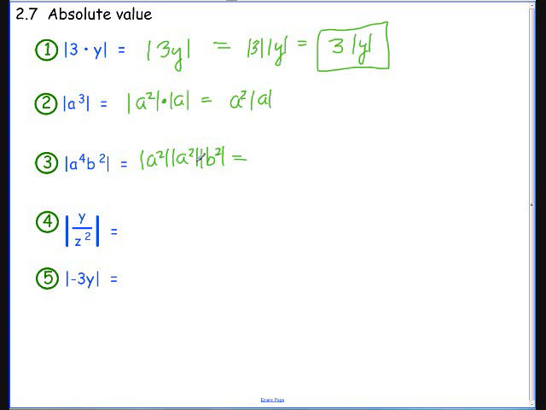So I can remove the absolute value brackets without any fear of corrupting this. So this could be written as a squared times b squared. Even if a or b is negative, it's still going to be positive because it's being squared. Of course, I would write it this way. I would simplify it.